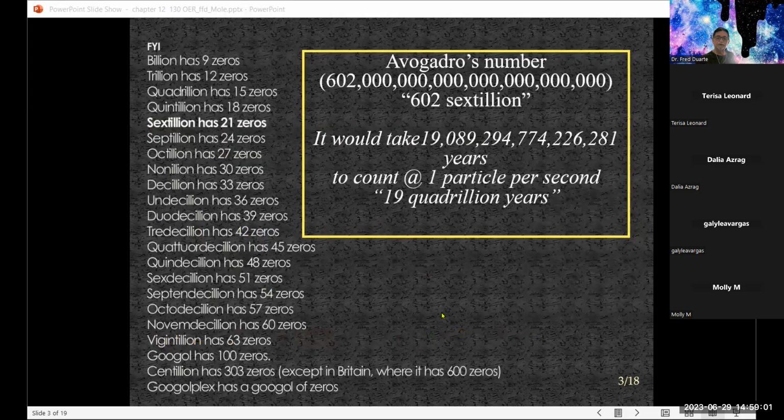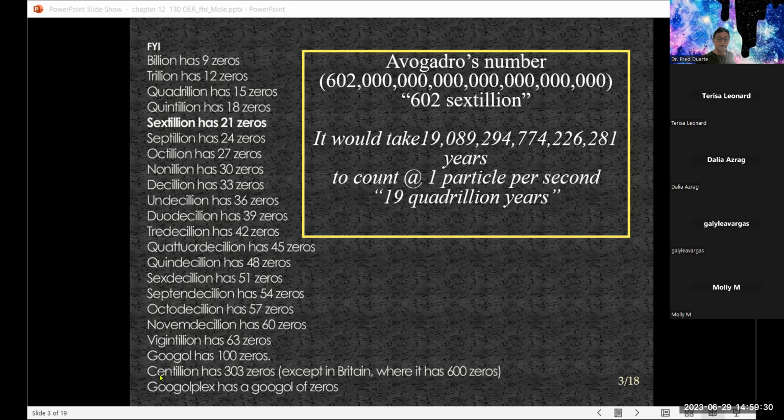Well, this gives you an idea. Avogadro's number is 602 sextillion. If I take that decimal point, move it over, and write it longhand, it has 21 zeros. You look at the far left, you can see 1 billion. A billion has 9 zeros. And there are other very large numbers like a googolplex down at the bottom.